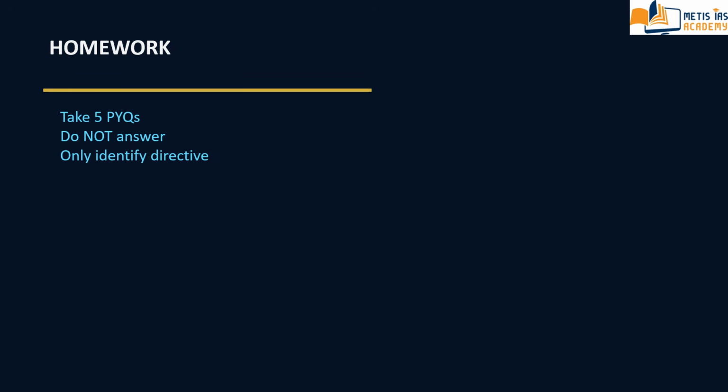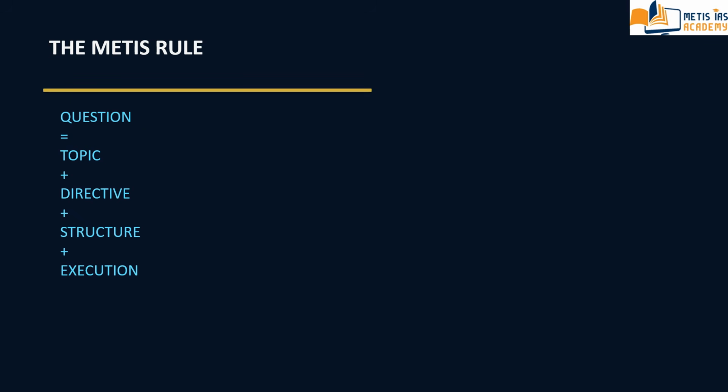This is one answer: they do not immediately write. They first decode the topic. Then topic, directive, expectation, then structure, and only then the answer. This is the flow of the toppers. Once you understand this, mains starts becoming controllable.